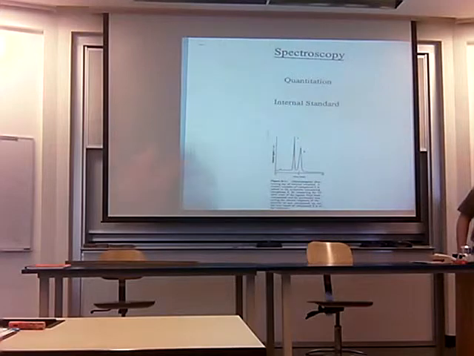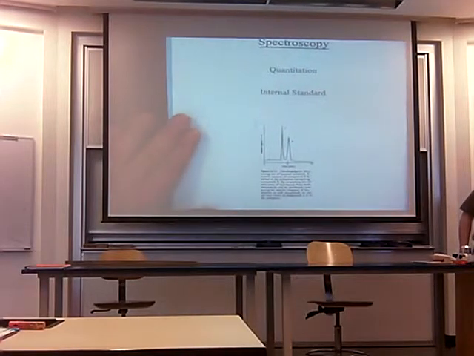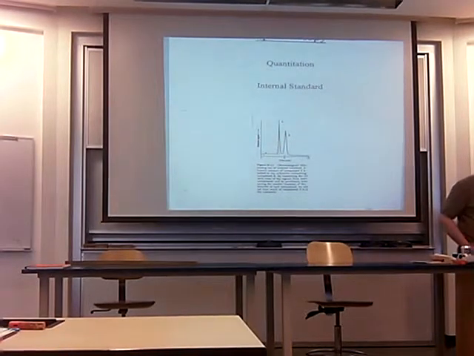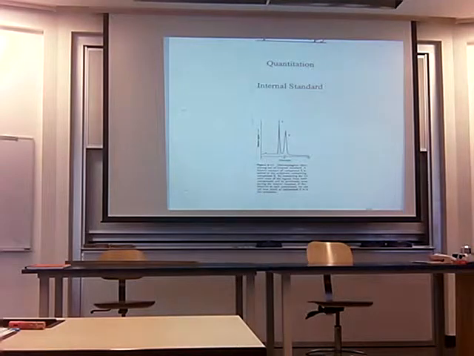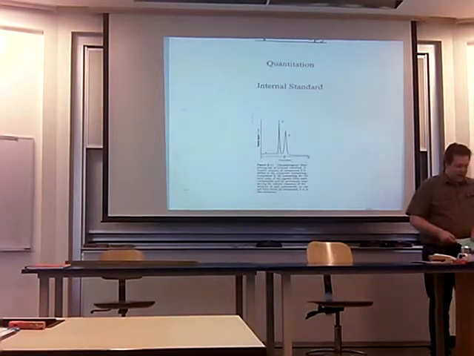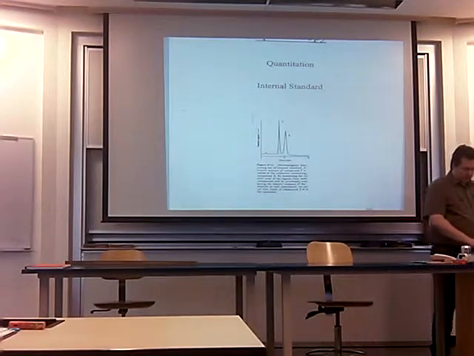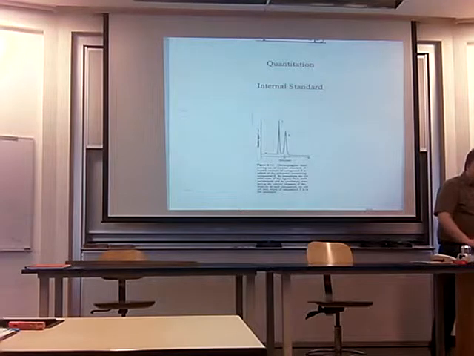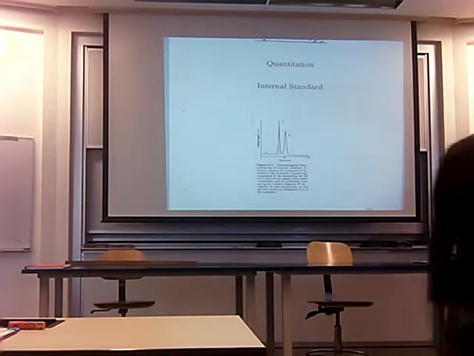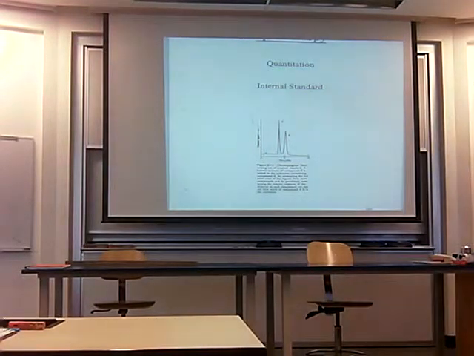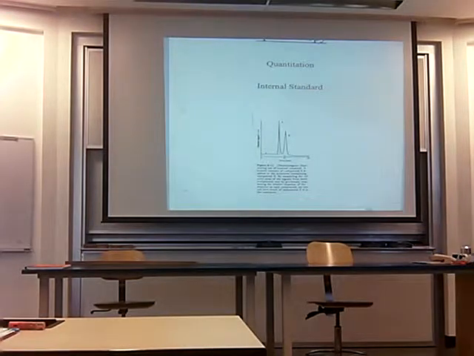Another very common technique is what's called an internal standard. An internal standard is something that you are going to add that is similar but distinct from the analyte that you want to analyze.